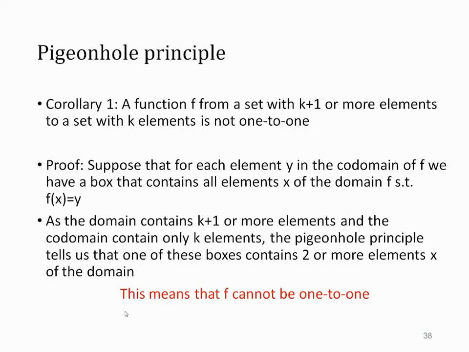As the domain contains k plus 1 or more elements and the codomain contains only k elements, the pigeonhole principle tells us that one of these boxes contains two or more elements x of the domain. This means that f cannot be one-to-one. Just by looking at the corollary, you can tell that whenever there are more elements in one set, you cannot have a one-to-one mapping.